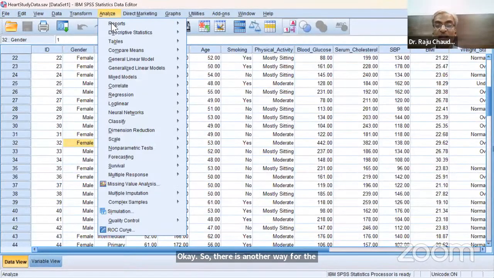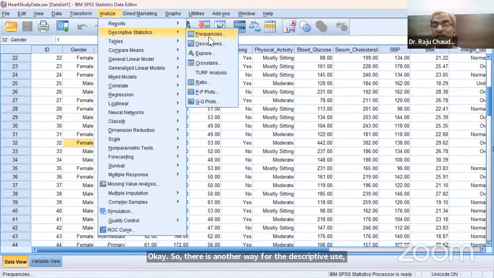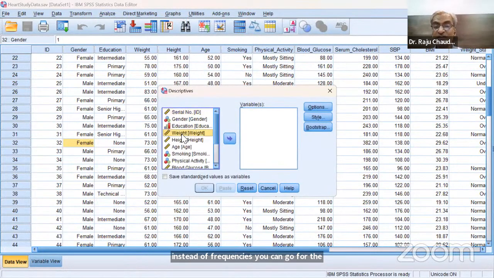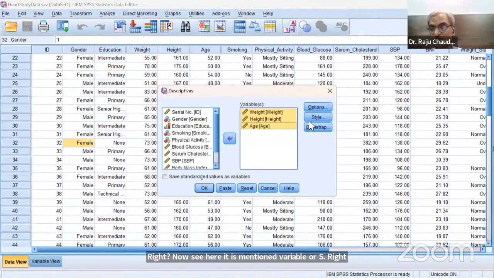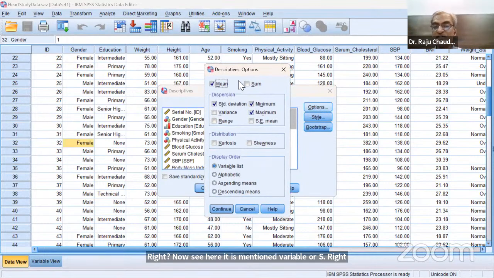So there is another way for the descriptives. Go to analyze, descriptive statistics, and instead of frequencies, you can go for descriptives and select the variable. Here it is mentioned variable(s), so you can select one or multiple variables. Here also we have the options. You can select mean, only mean is there.